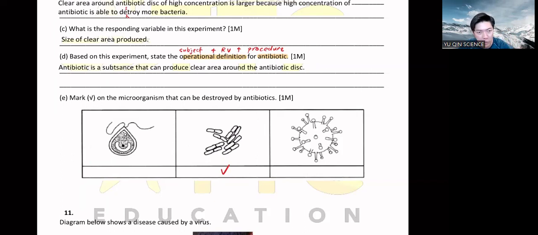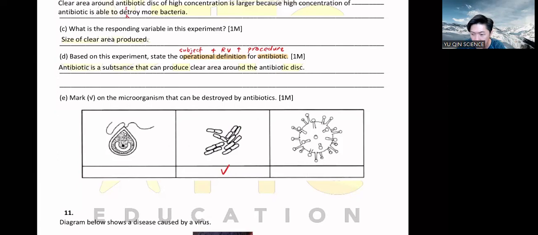So it mustn't be measurable. Here it will be the concentration of antibiotic, the temperature or the humidity. Responding is your result, like the cloudiness of the nutrient broth, the size of the clear area, the results that you obtain at the end.